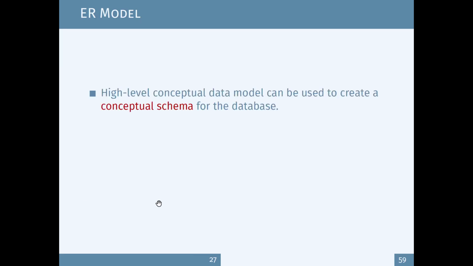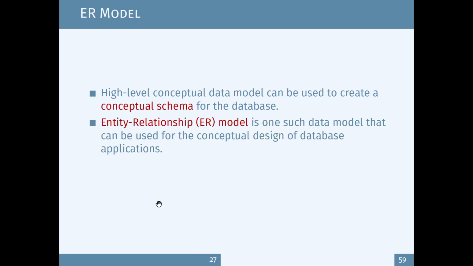So in this part, we are going to discuss the high-level conceptual data model. I told you this is how the users will perceive the database, and this is called the conceptual schema. There are many, but we are going to focus on just one common one that everybody should be familiar with, which we call the ER model, the entity and relationship model.